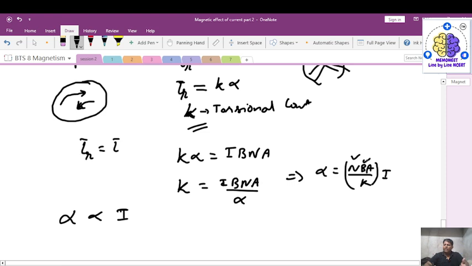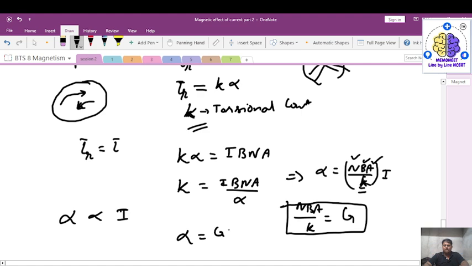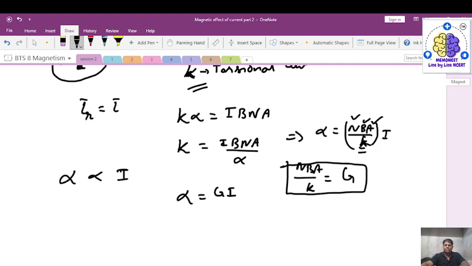The magnetic field is fixed, the area of the coil is fixed for a given galvanometer, and K, the torsional constant, is also fixed for the given galvanometer. So we name this N B A upon K as the galvanometer constant capital G, fixed for a given galvanometer, right? So alpha is equal to G I.